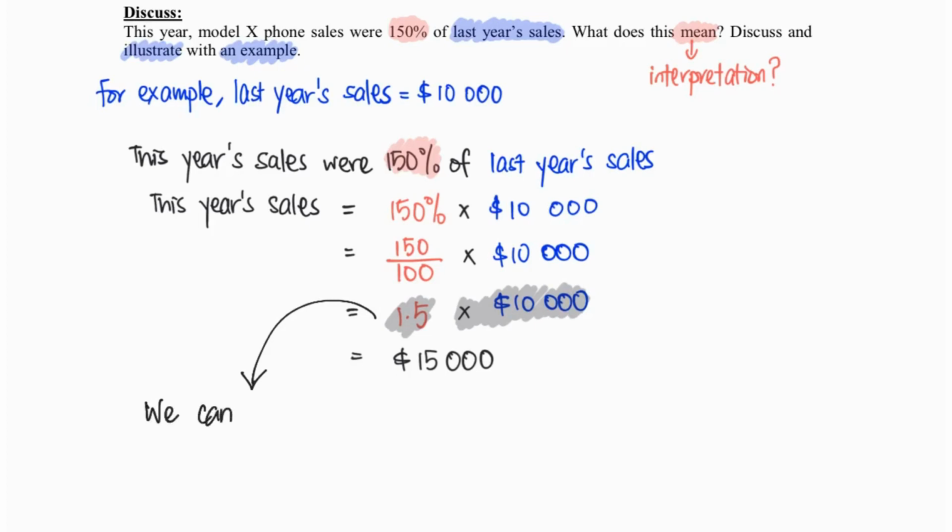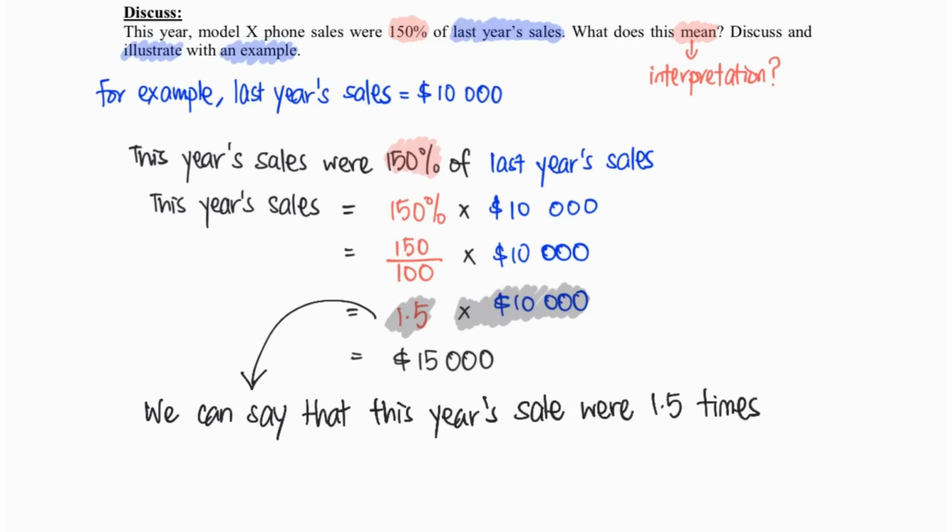We can say that this year's sales were 1.5 times of last year's sales, as indicated by this 1.5.